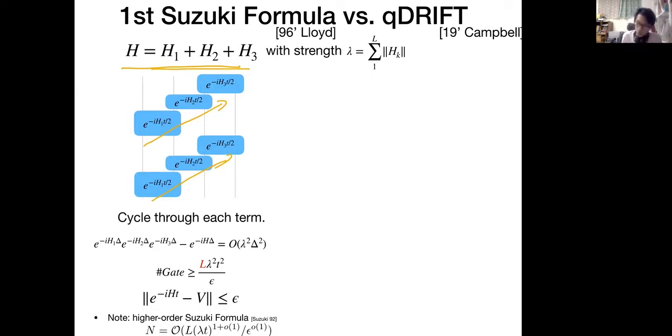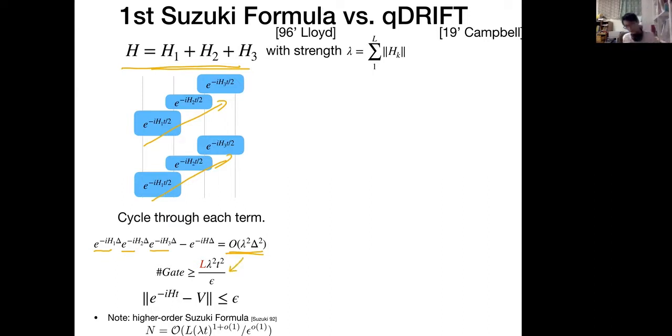It doesn't really matter what order you're doing it in, the bound is insensitive to it. All that matters is that each of these terms shows up once. It's just going to cancel out the leading order term in this Taylor expansion, so you're going to have the second order error, and that's reflected in the final gate count.